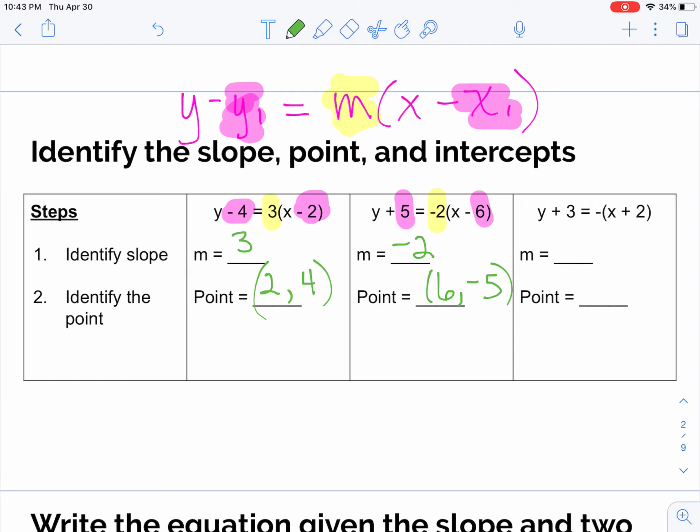Alright, so let's look at the next one. This one's odd. I do want to talk about this one. There's not a number there. If there's not a number there, what do we know that number is going to be? Yeah, it's going to be 1. So my slope is negative 1 here. Alright, so that matters.